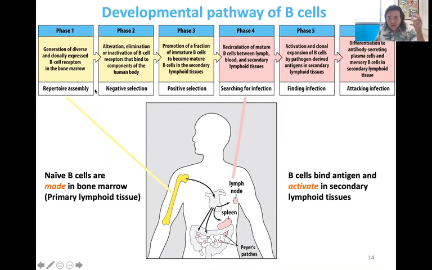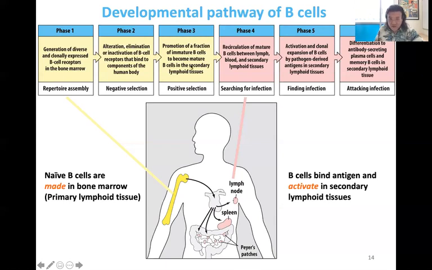So that has to do with assembling through VDJ recombination a good Ig, immunoglobulin, on its surface. And then you're going to have to negatively select for those immature B cells that improperly auto-react or end up detecting self-antigens, right?